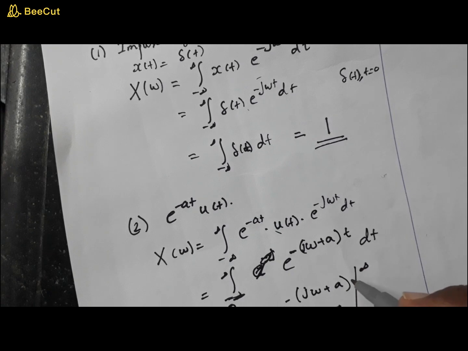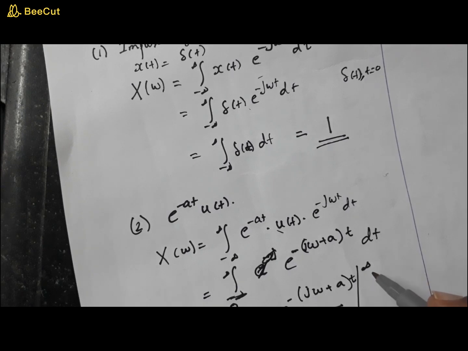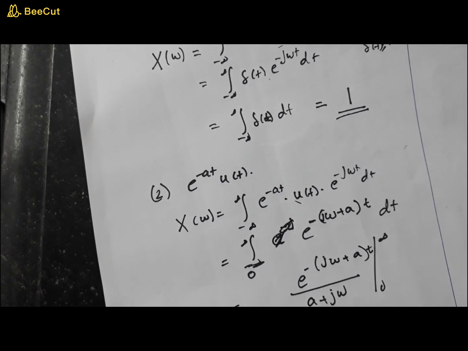Now what happens at t equal to infinity? This becomes 0. When you apply 0, this becomes 1. So minus of minus, this becomes 1 by a plus j omega.